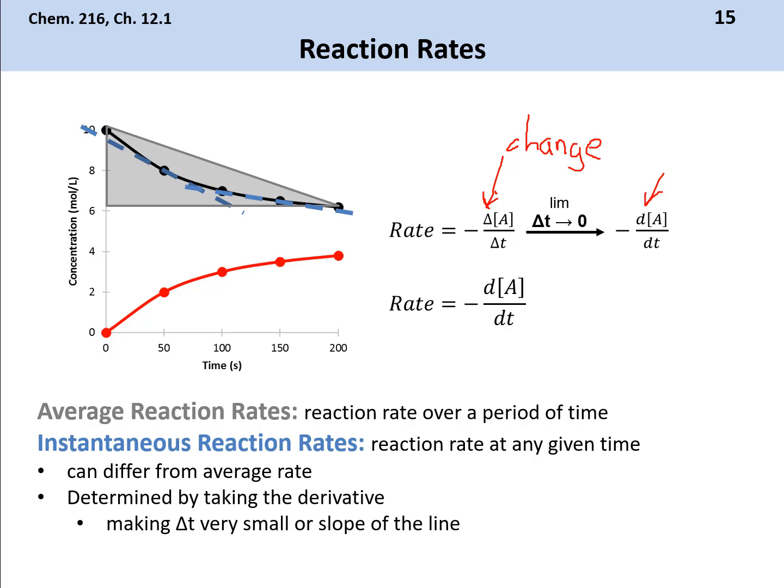Okay, so we have negative dA over dt. This is my rate when I'm talking about instantaneous reaction rate.